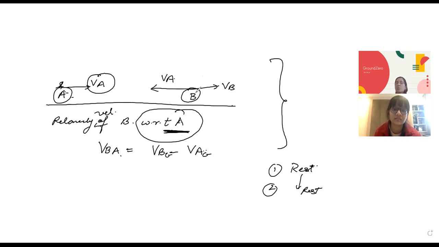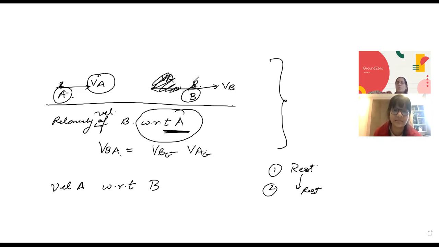Now, if I ask you to find the velocity of A with respect to B, what will I do? Which frame of reference will I consider? I will consider the frame of reference as B, right? I will make B at rest.